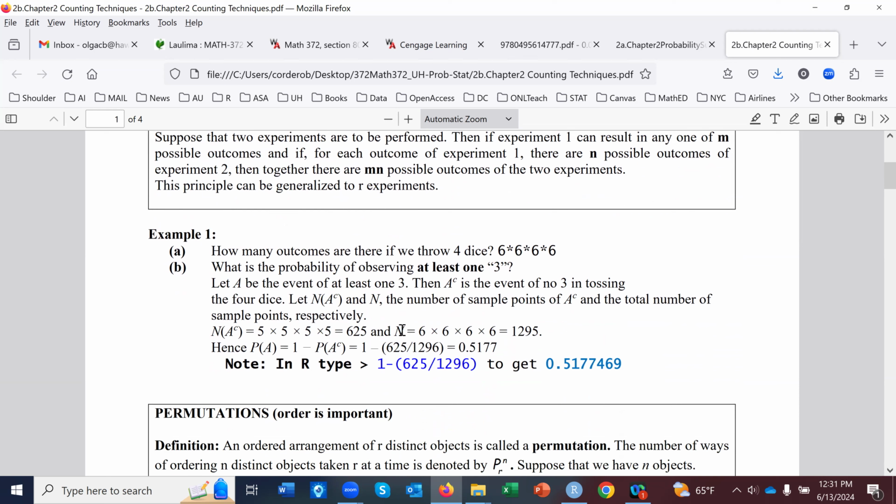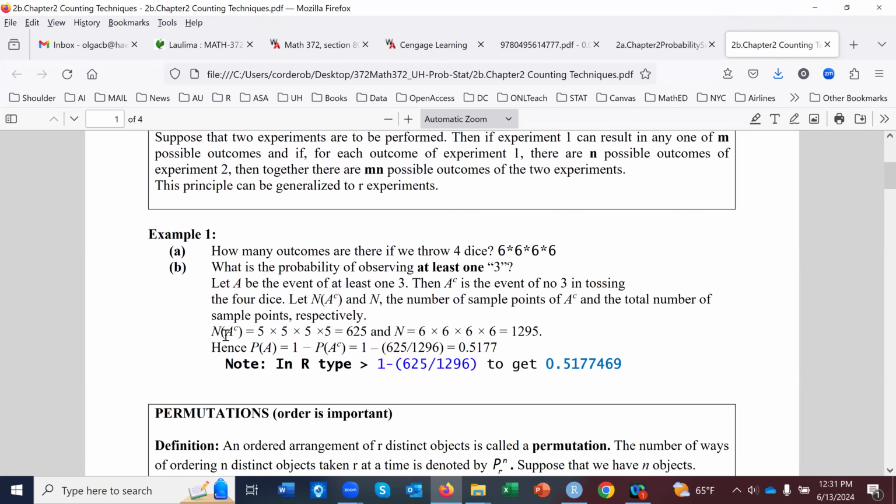But it's better to think here: every time I see at least one, I have to think, can I solve this problem using the complement of the event? So here, if A is the event at least one 3, the complement is no 3. And that is easy to compute.